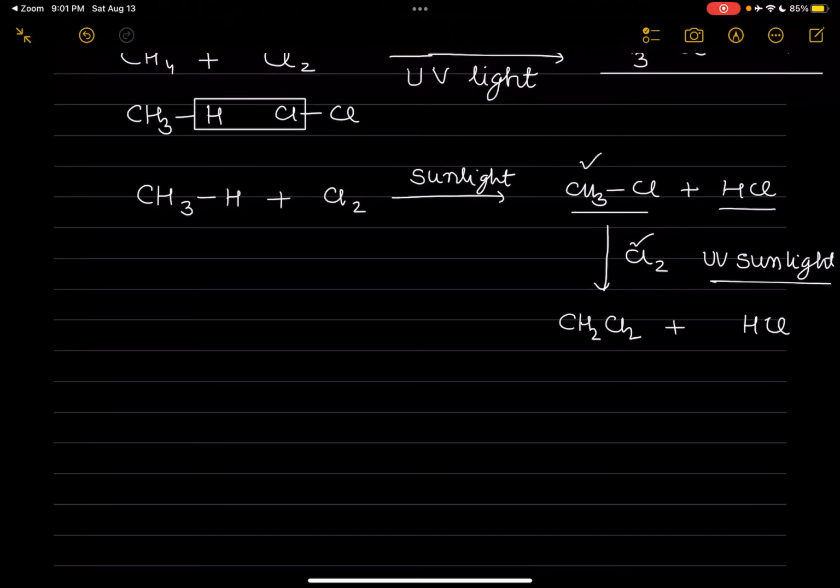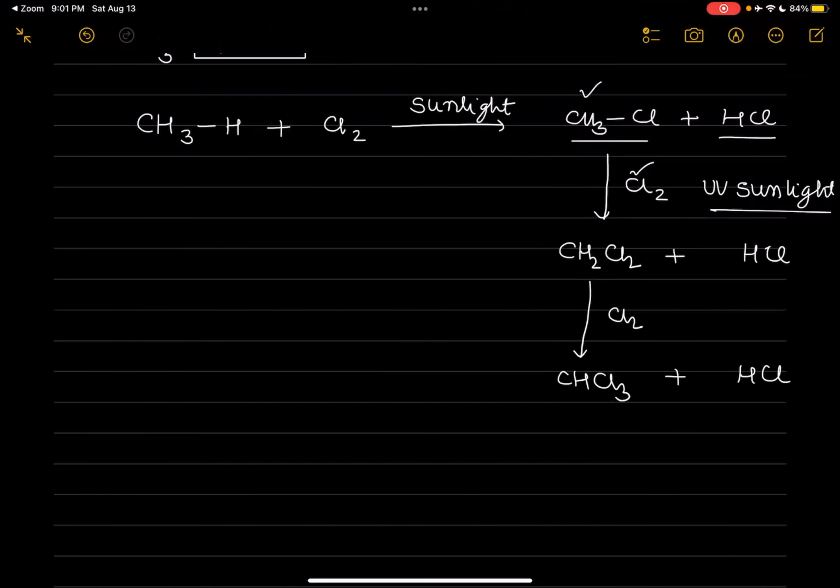So if you react further with the third mole of chlorine, you are going to get CHCl3 and HCl.